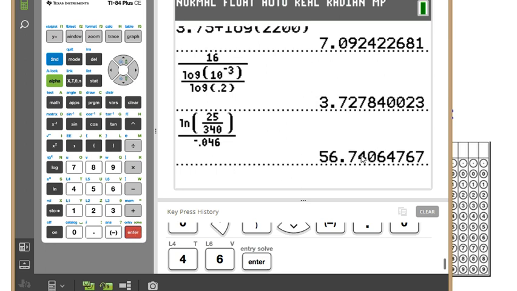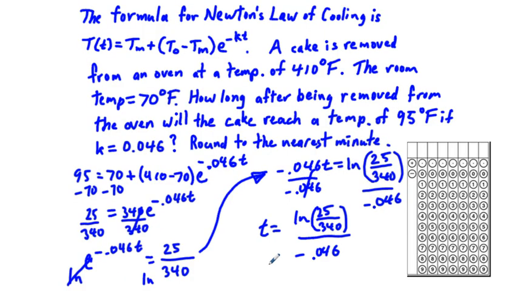So it looks like it'll be to the tenth of a minute, 56.7 minutes. Rather than the nearest minute. Okay, well, the nearest minute is going to be 57 minutes. So we'll put 57 right here. And here it is. Okay.